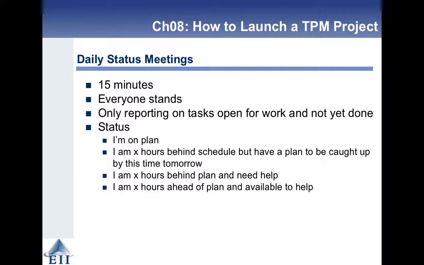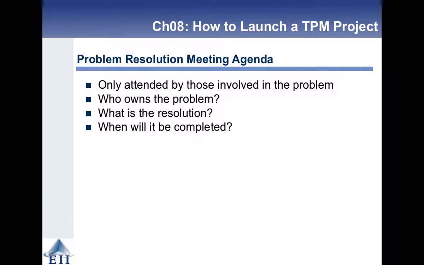Right, so it's a stand-up. 15 minutes, everybody stands, only reporting on the tasks open for work and not yet done. I'm on plan, I'm X hours behind and need help, or I'm X hours ahead and I'm available to help. For problem resolution, only bring those into the meeting who are involved in the problem, and then figure out what the parameters of what you want out of the meeting are.